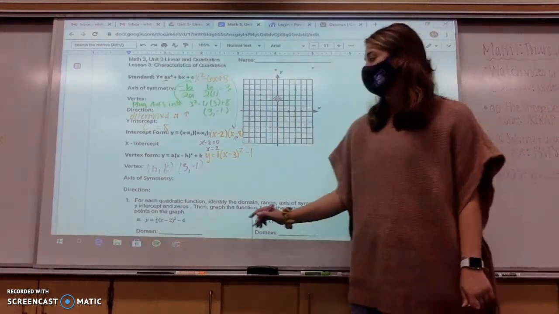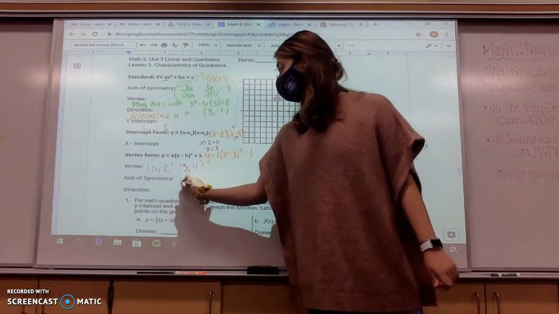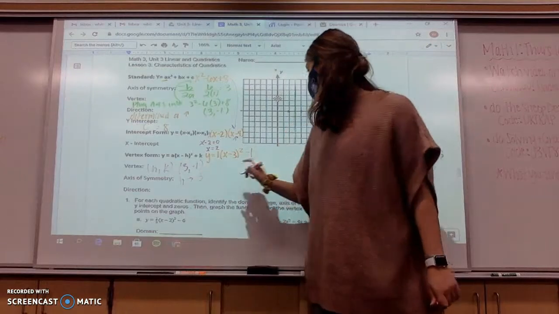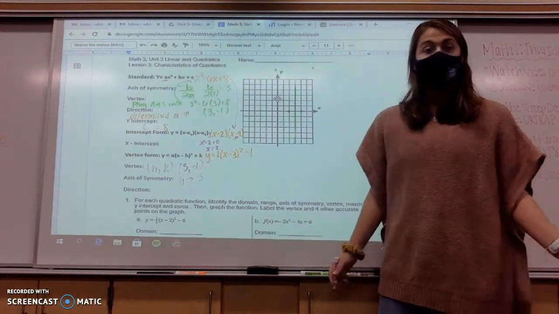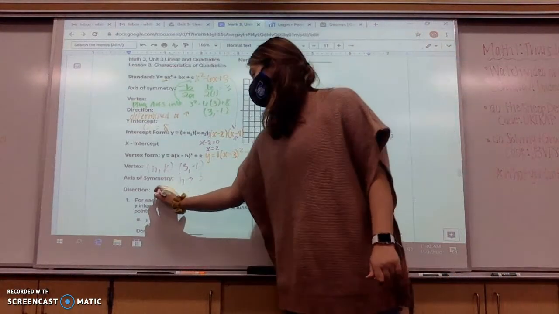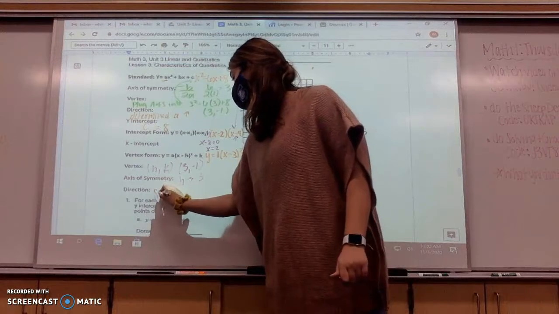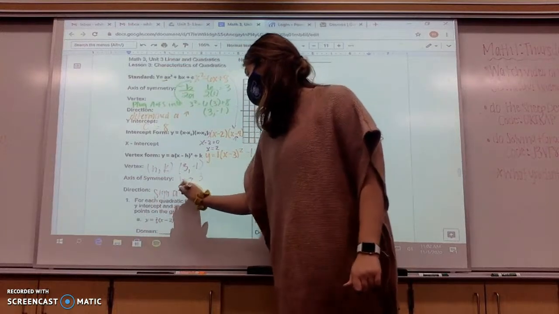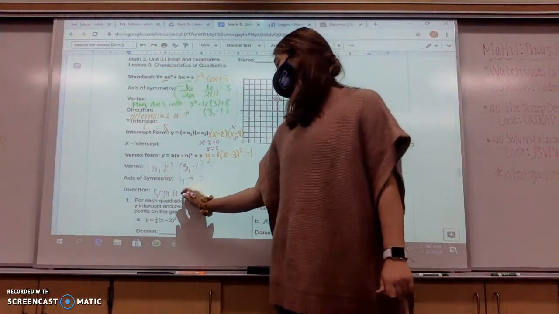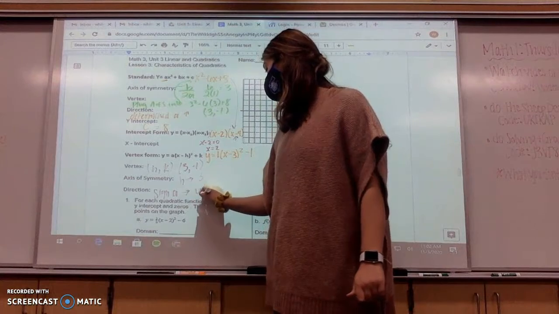Perfect, good to go. My axis of symmetry is always my h, which in this case is 3. We've already identified that. And the direction, again, is the sign of my a. My a here is 1, that's positive, so it's going to go up.